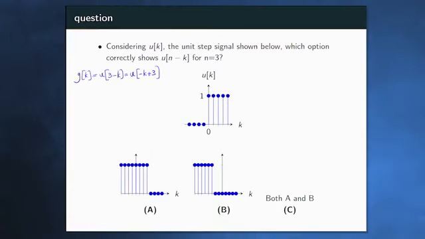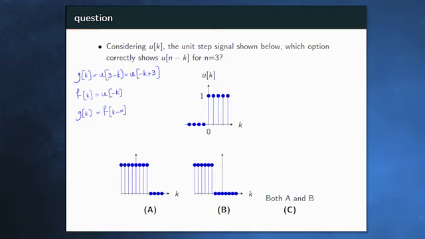So I'm going to build a new signal and I'm going to name it f of k, which is going to be equal to u of negative k. Now I need to shift this f of k to get g of k. So g of k is going to be equal to f of k minus n.